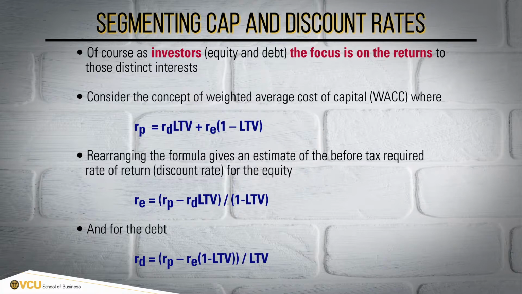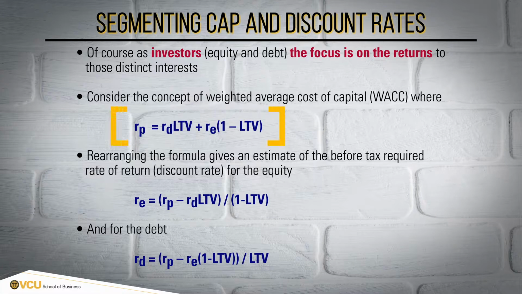Whatever they're charging us for our mortgage. Equity, on the other side of the equation, has a different rate of return. We can take those discount rates and cap rates and segment them based on the different interests in the property. And that's what I'm doing with this particular slide.